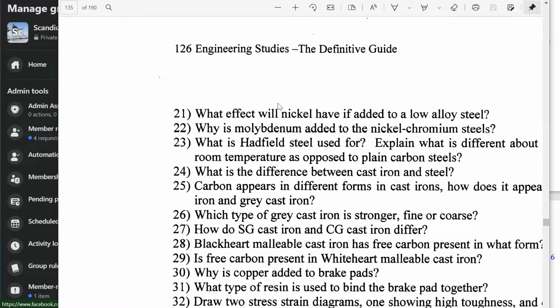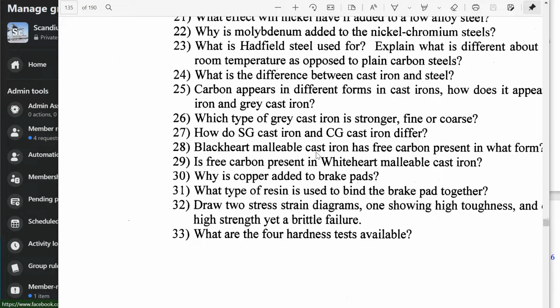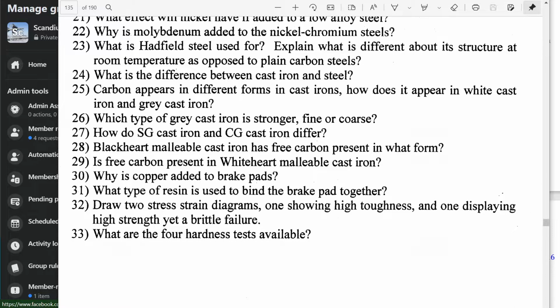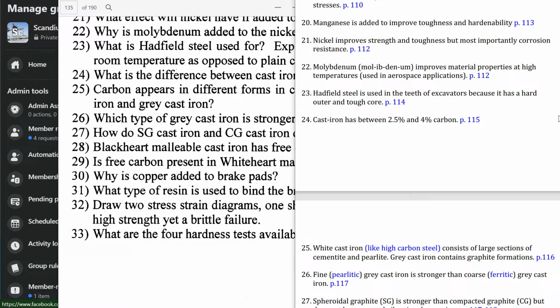Yeah, okay. Hatfield steel. What is it and what is it used for? Explain what is different about its structure at room temperature as opposed to plain carbon steel. Hatfield steel is used in the teeth of excavators because it's hard. It has a hard outer and tough core. Okay, but I didn't actually answer the question of what is Hatfield steel.